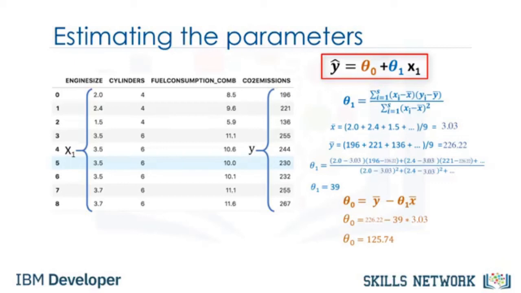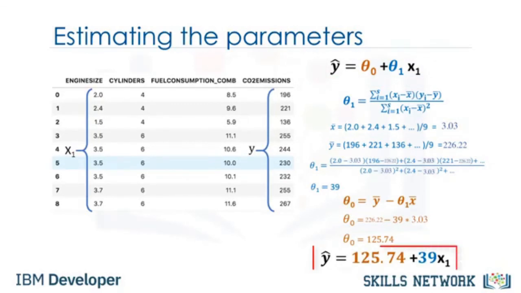Now, we can write down the polynomial of the line so we know how to find the best fit for our data and its equation. Now, the question is, how can we use it to predict the emission of a new car based on its engine size? After we found the parameters of the linear equation, making predictions is as simple as solving the equation for a specific set of inputs.